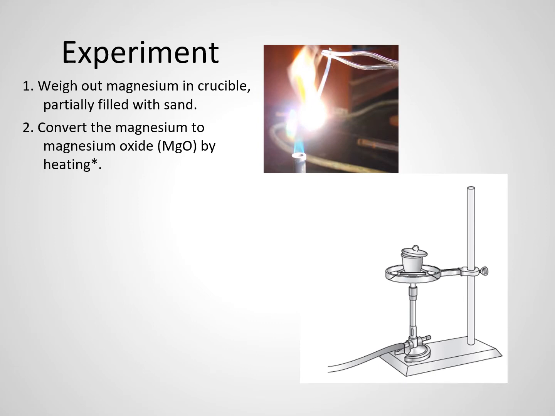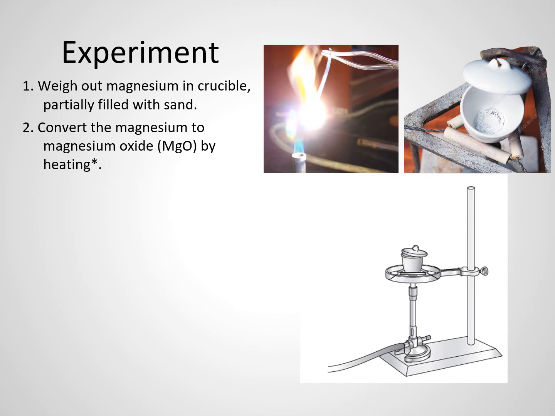So you can see that picture there. That's what will happen if it gets too exposed to the air while we're heating it. So we don't want a huge flame coming out of our crucible, so we're going to partially cover it. And then in the end, after we've heated it all to magnesium oxide, we will get a white powdery substance like you see in the second picture there.